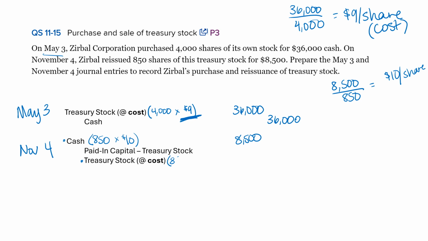So that would be 850 shares times $9 cost, and that gives us $7,650. So the difference between the cash received and the decrease to the treasury stock recorded is $850, which is recorded as paid in capital treasury stock.